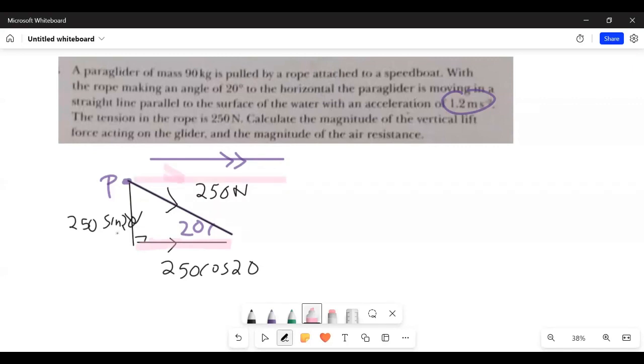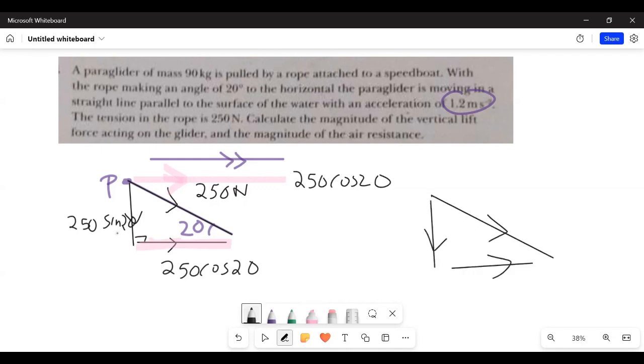It would mean the same thing. So you can also bring this up. This is 250 cos 20. Whenever you're resolving a component, you can resolve it like this and this, or you can also resolve it like this. It doesn't matter whether you're making that arrow here or here. Okay, so I'm just going to keep it where it is originally.